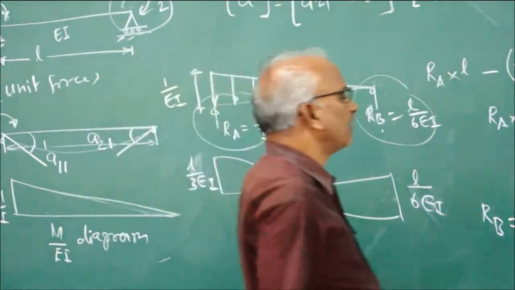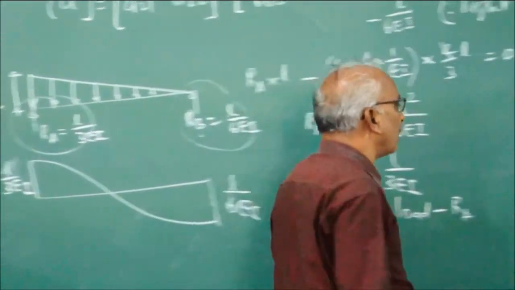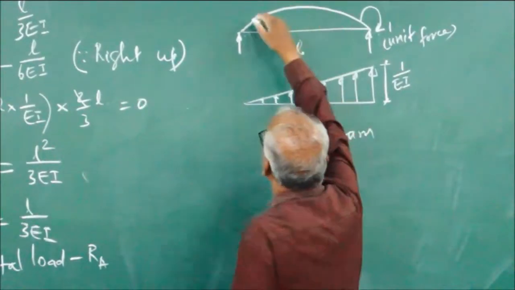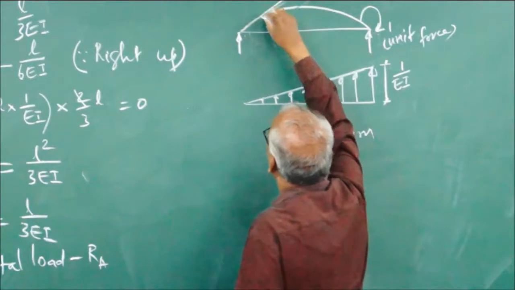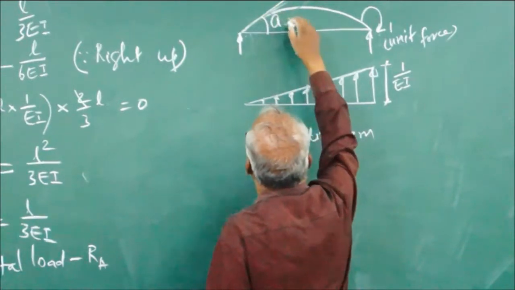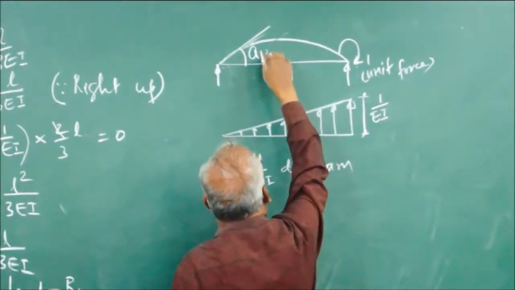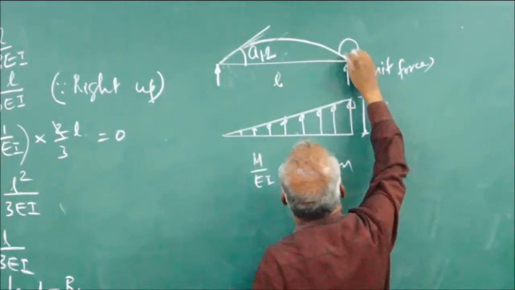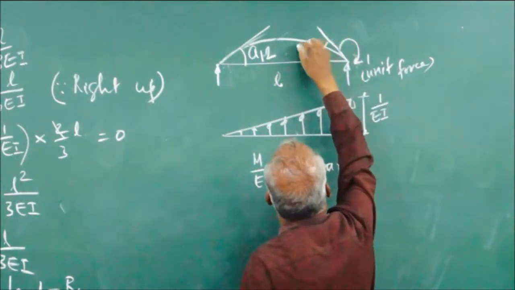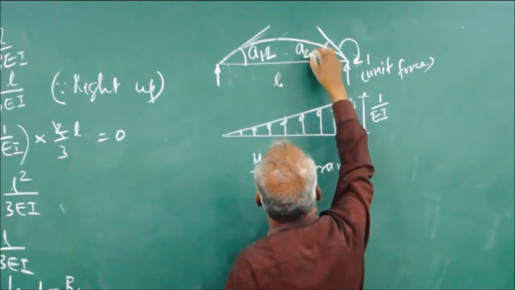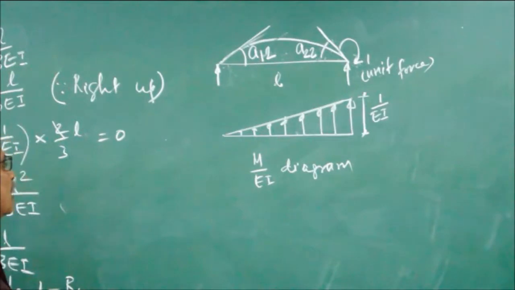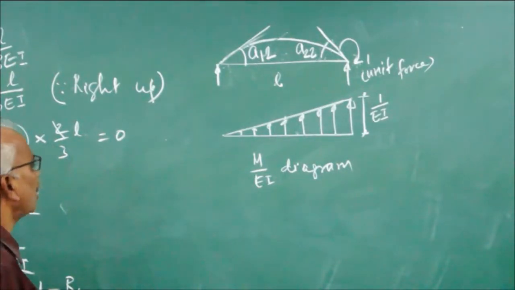Now, because of this loading, we want this slope. This slope is A12, the slope along coordinate 1 due to unit force along coordinate 2, and A22, the slope along coordinate 2 due to unit force along coordinate 2. That you have to find out.